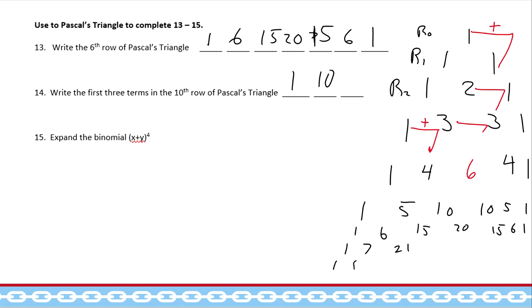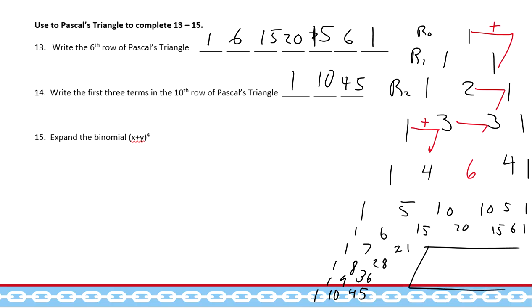And then 1, 8, 28. 1, 9, 36. And then the 10th row would be 1, 10, 45. So 45 is that other term we are missing. There's no need to fill out all this space over here because we don't need them.